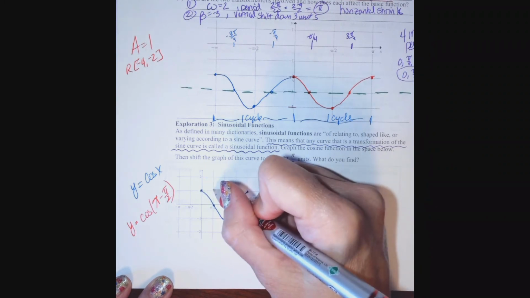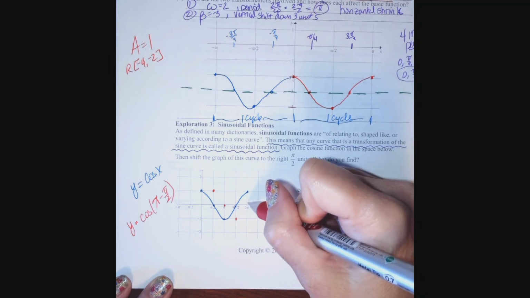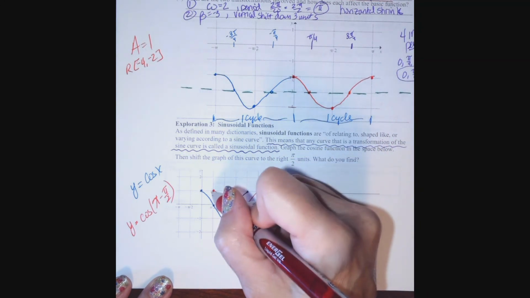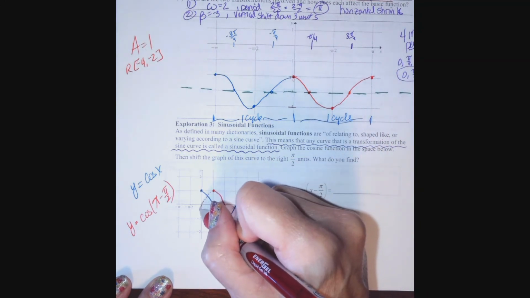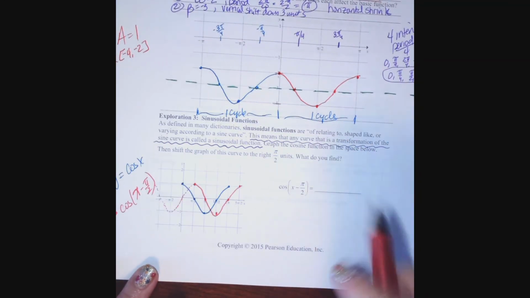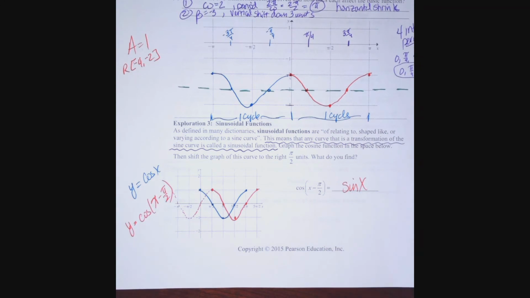My peak is going to start here. And if I worked it backwards, I would see that I would hit center. And what I end up with, cosine of x minus pi half, is the same thing as the parent function sine x, because that's how they're related. Cosine is just a phase shift pi half away from the sine function.